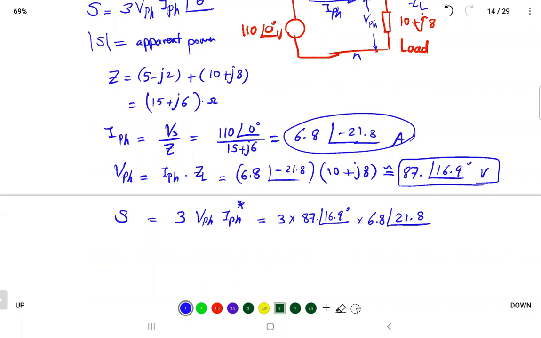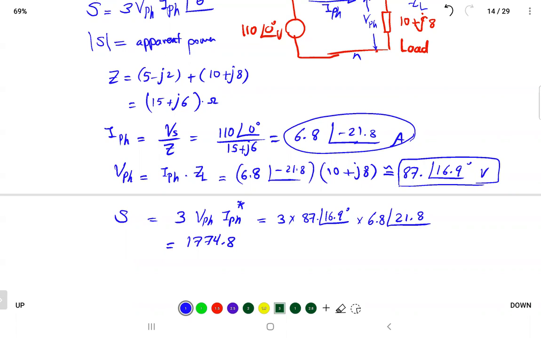That's the conjugate of the current. Now it's easy. I'll multiply the magnitudes first, 3 times 87 times 6.8, which is equal to 1774.8. And this is the magnitude, the apparent power.